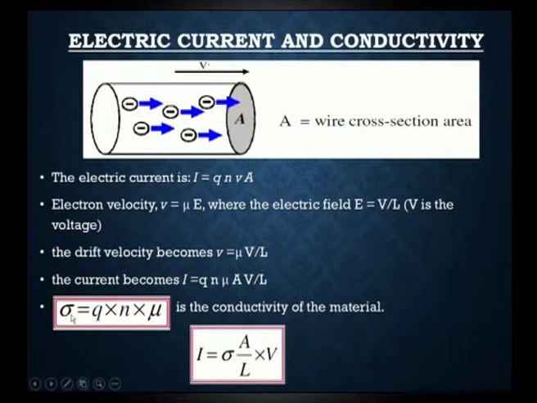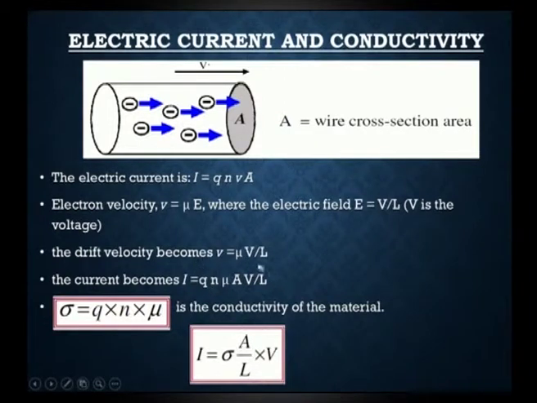And from this we are able to find the conductivity, the small delta, which equals QNμ. It is the conductivity of the material, the reciprocal of resistivity. Substituting this delta in I, the current can be rewritten as I = δ(A/L)V, so the current equation can be represented in conductivity as well as in mobility.